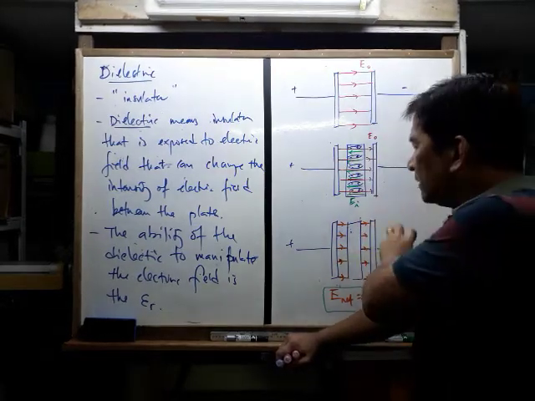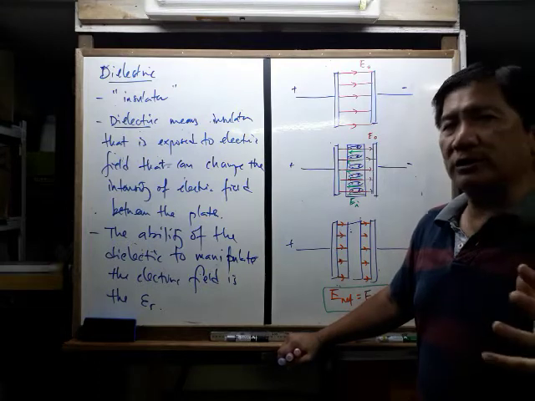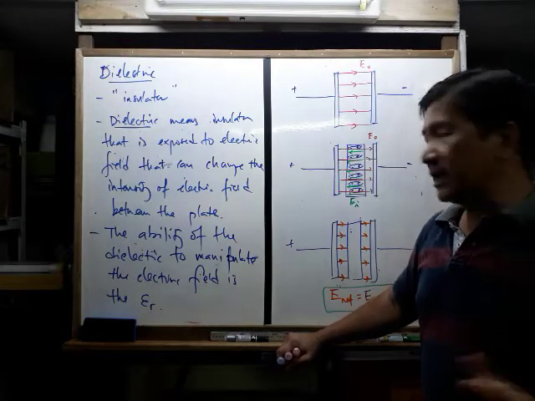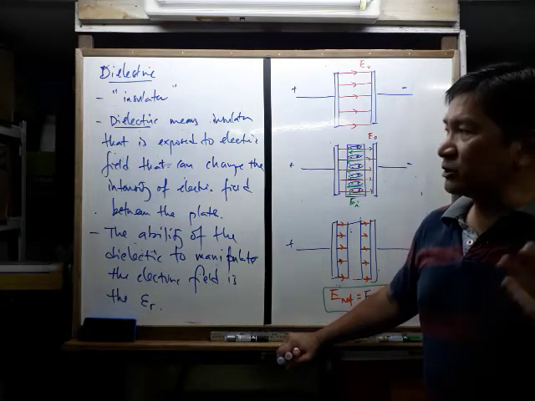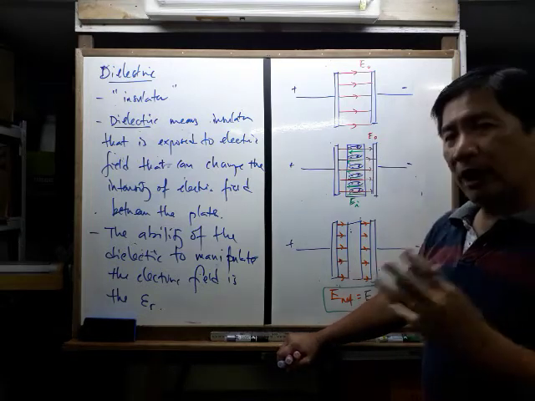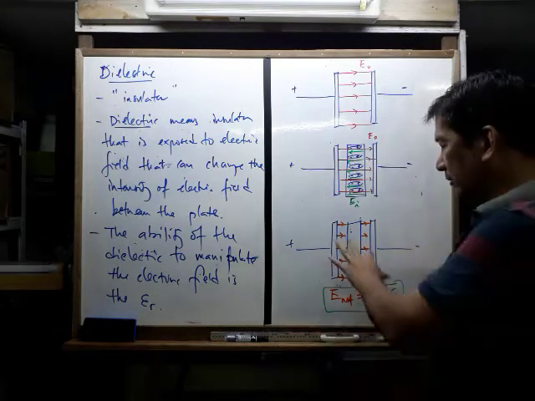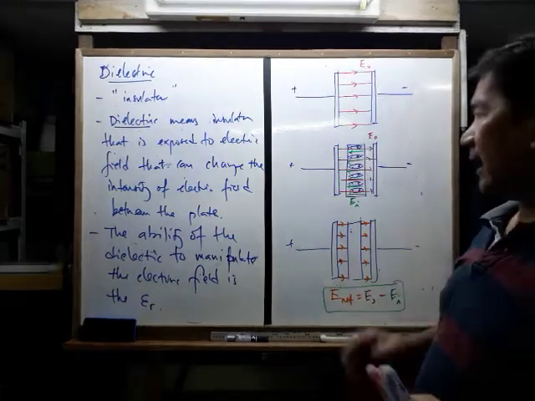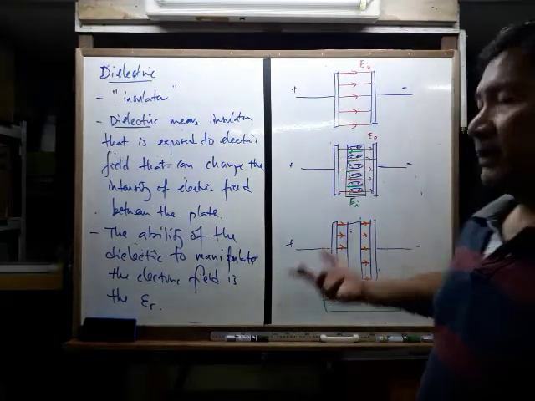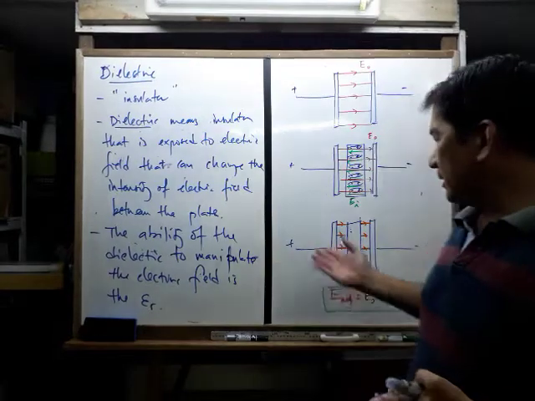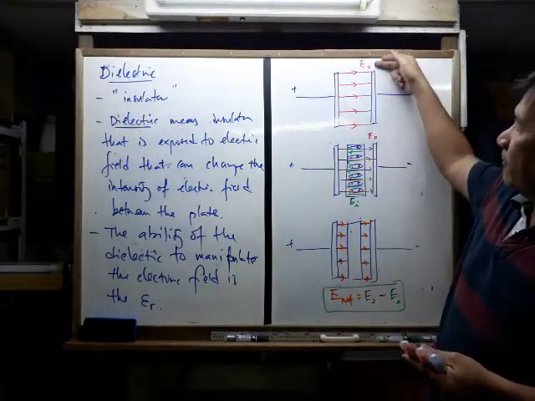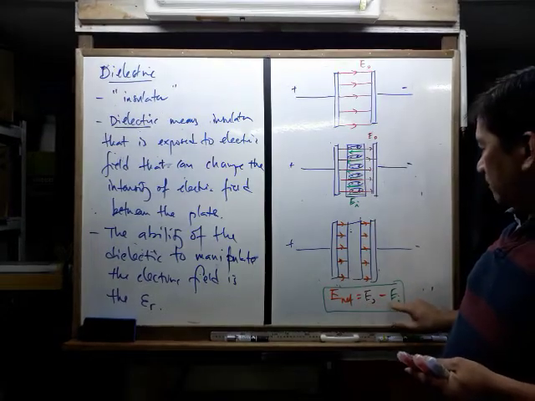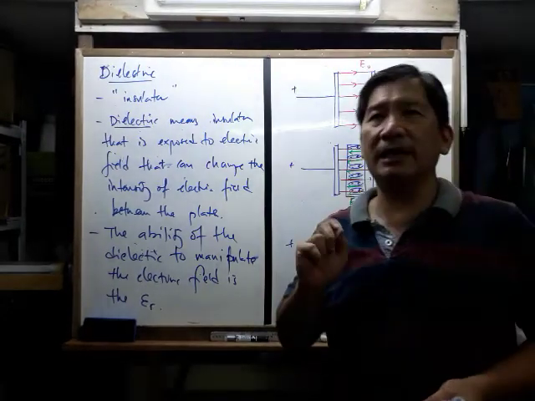When the spark occurs, they're discharging, so you don't have the concept of a capacitor anymore. That is an ionization process, and it's not an easy way to calculate the capacitance value. So that is the purpose of the dielectric, and this is how it affects the electric field, reducing it from the original value by subtracting the internal electric field.